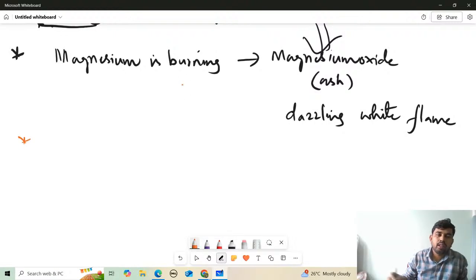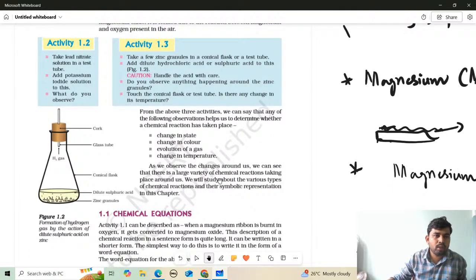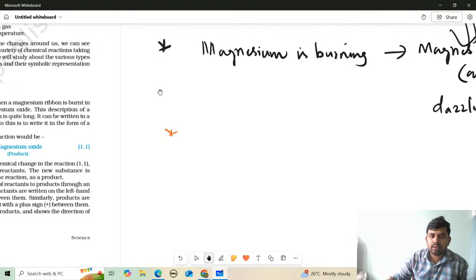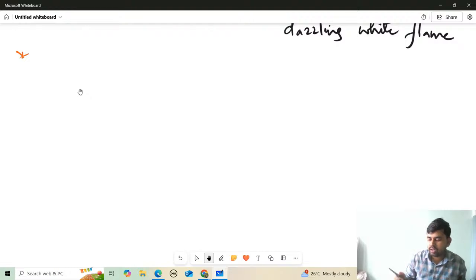Yes, you can see they have taken it. Let me see what second example they have given. After this one, they gave activity 1.1, and 1.2 says we should take different solutions. In the second activity, they are taking two solutions.